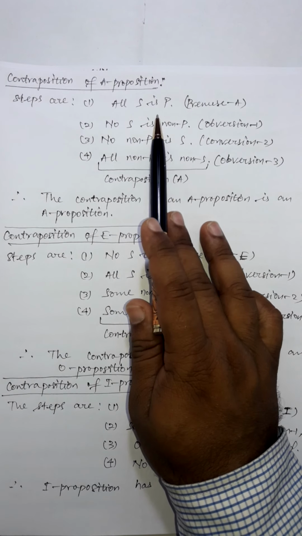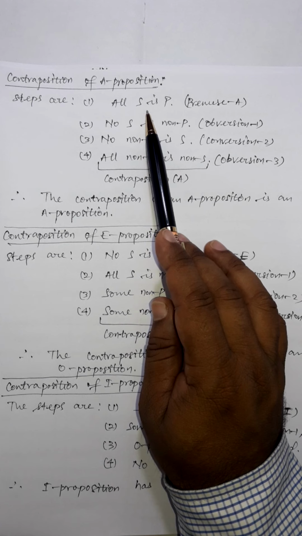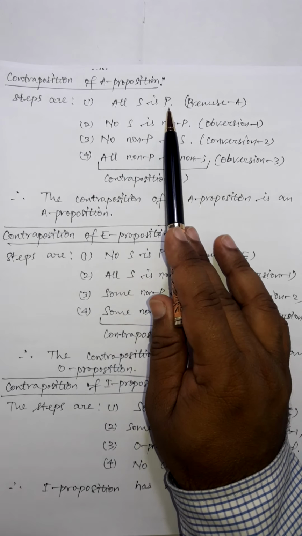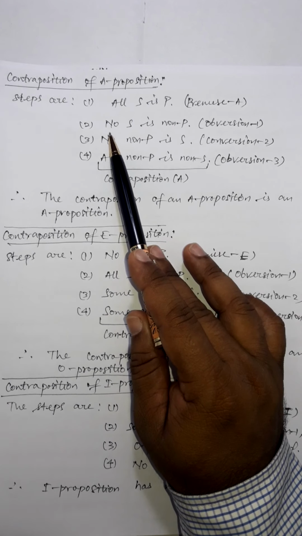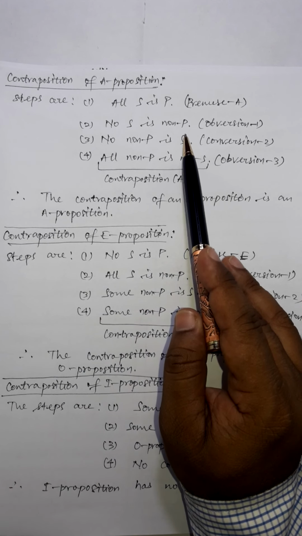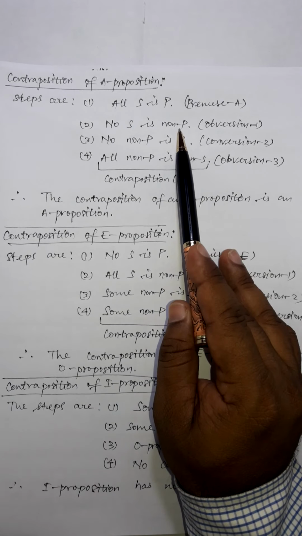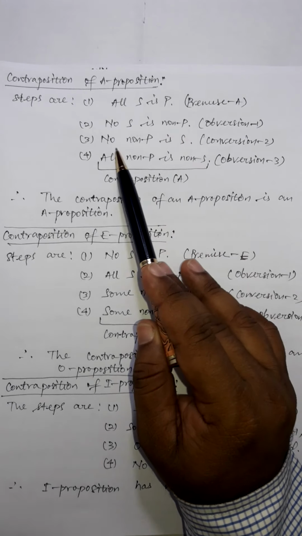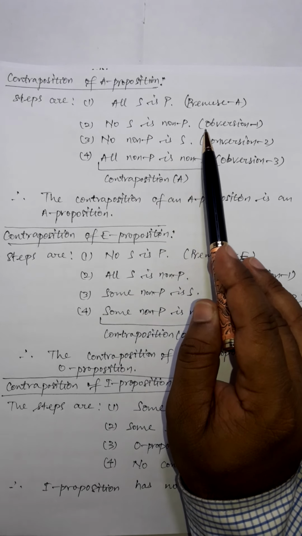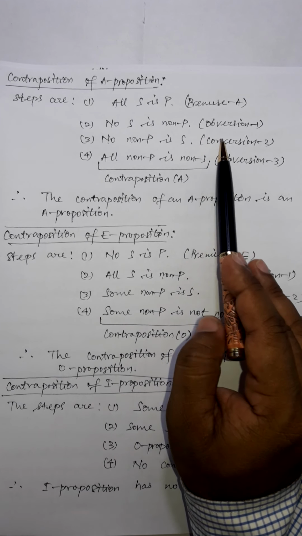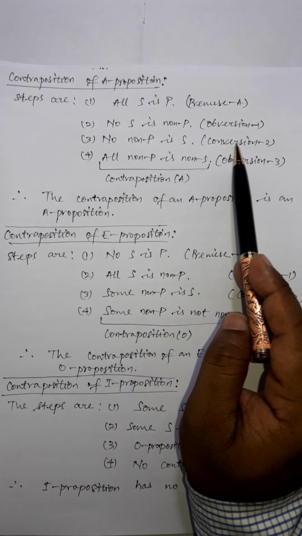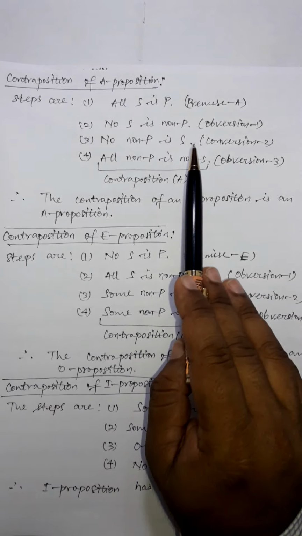If we obvert all S is P, we obtain no S is non-P. Then if we apply conversion on no S is non-P, it becomes no non-P is S. Keep in mind that we already know the processes of obversion and conversion that we discussed in our previous videos.